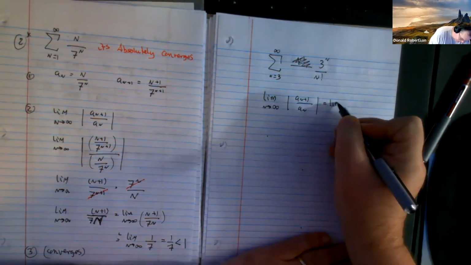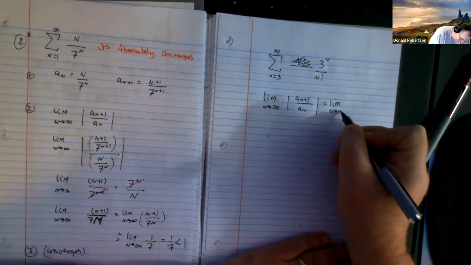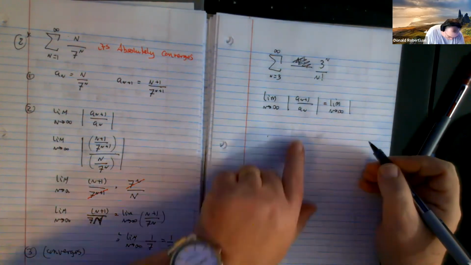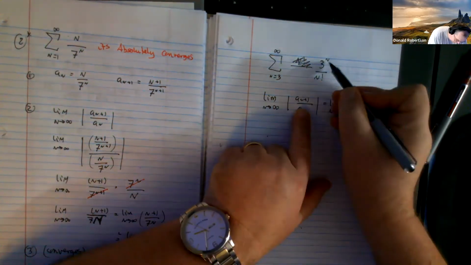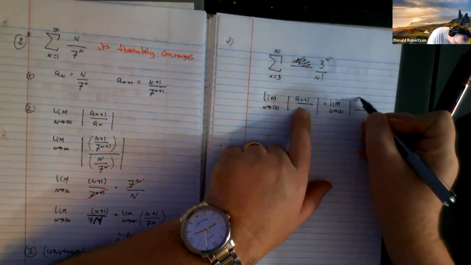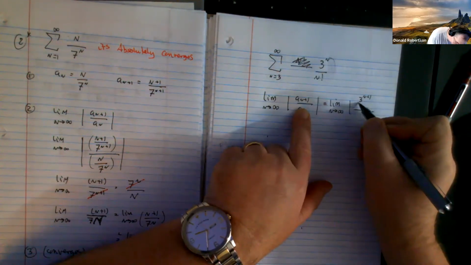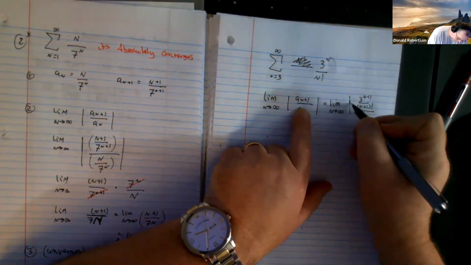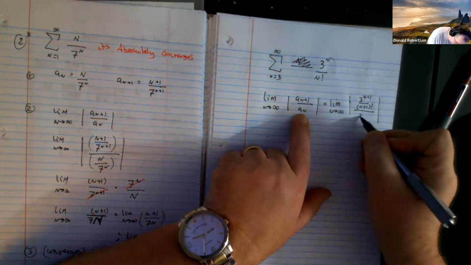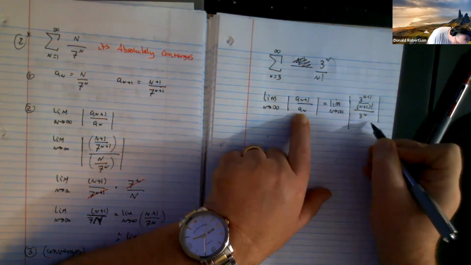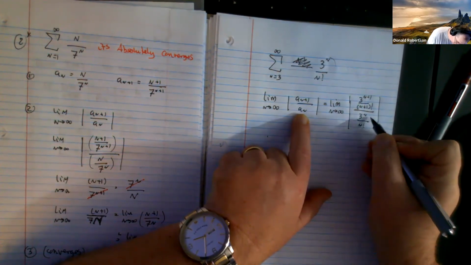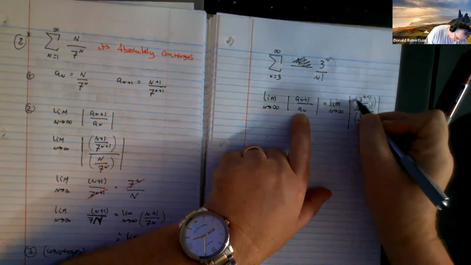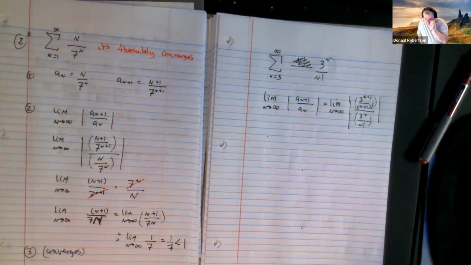So it's going to be the limit as n tends to infinity of, if you do a n plus 1, you get 3 to the n plus 1 over n plus 1 factorial. And a n on the bottom, you get 3 to the n over n factorial. Are you happy about the a n plus 1 over a n thing?